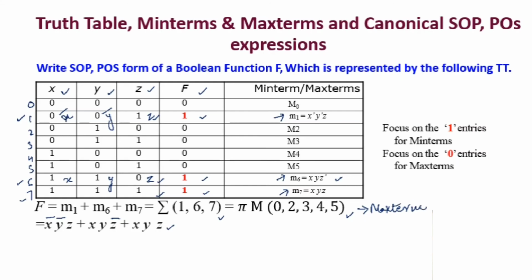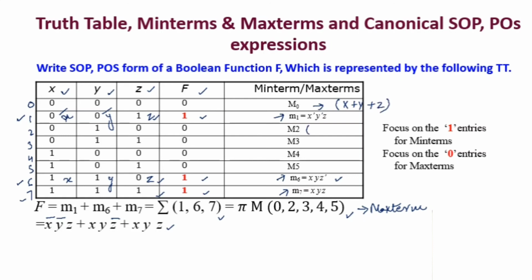We can also write the maxterm expression from here. For maxterm, I have to take into consideration that the bar rules will change. That means if I want to write the expression for M0, where x is equal to 0, y is equal to 0, and z is equal to 0, then I will say that it is x plus y plus z, not x bar plus y bar plus z bar.